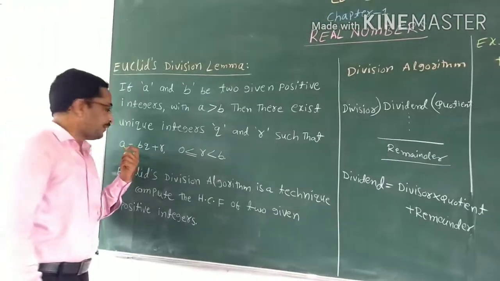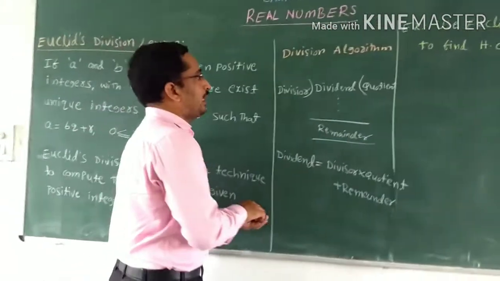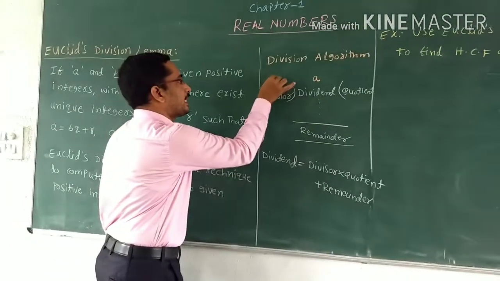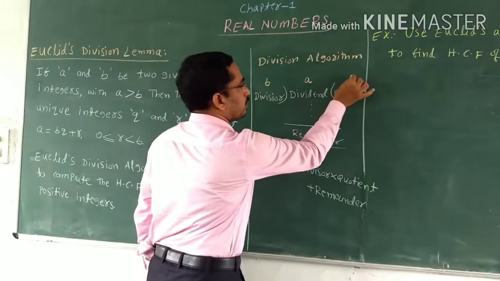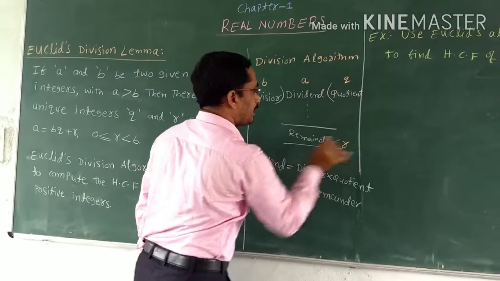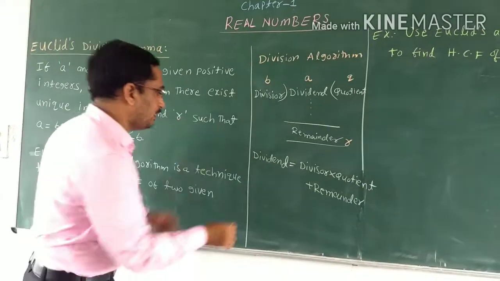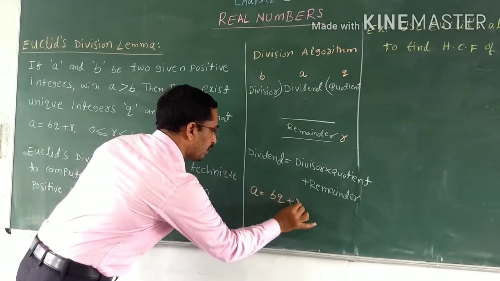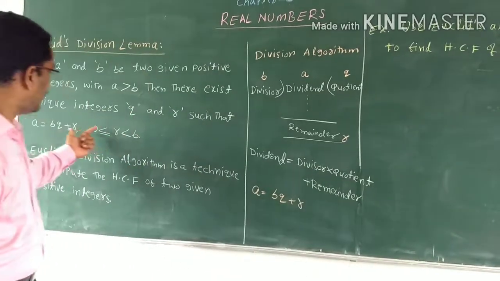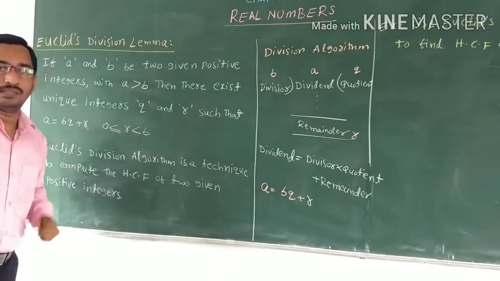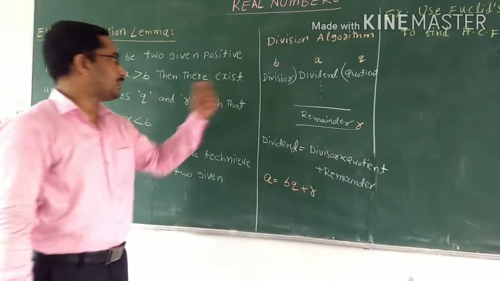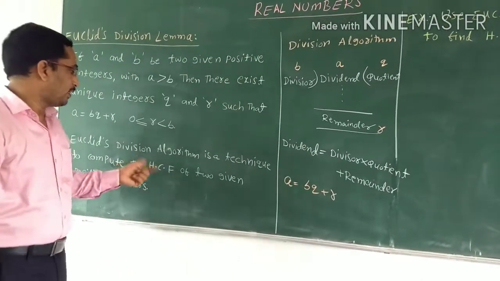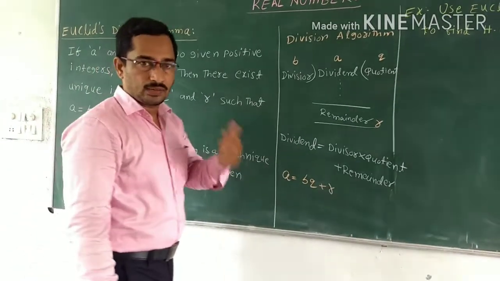Here, see again A and B. We are taking A as dividend, B as divisor, Q the quotient, and the remainder is R. So A equals BQ plus R, where R lies between 0 and B, including 0. This is nothing but the division algorithm, but here we are giving the new name Euclid division lemma, and we are applying the Euclid division algorithm to solve problems.